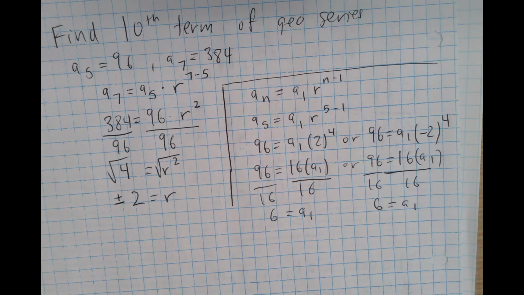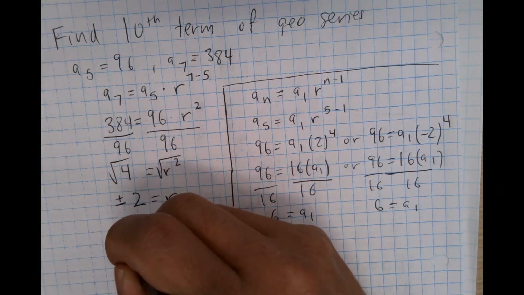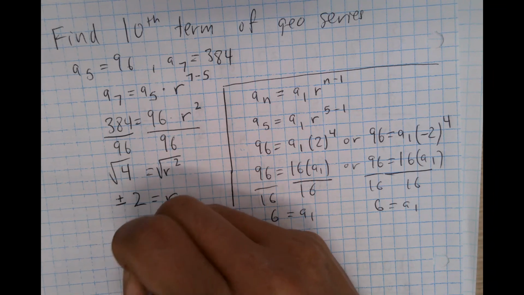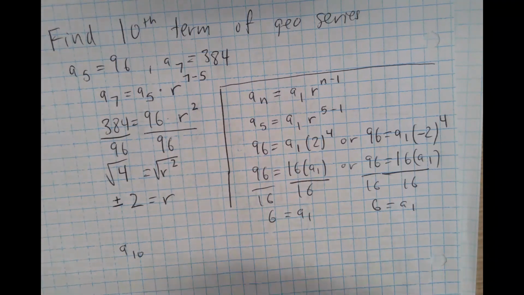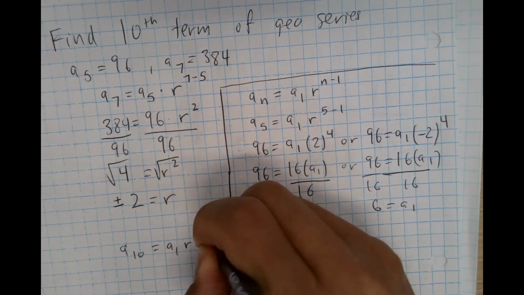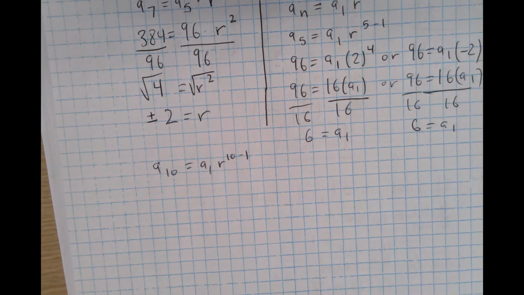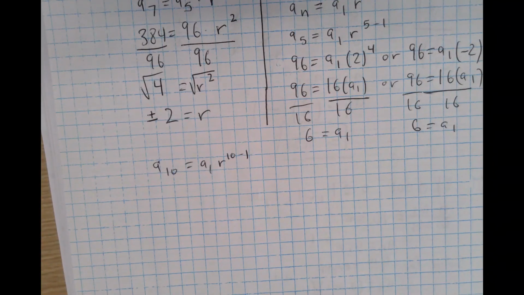So here, if we look at our equation now, we know that a10 is equal to a1 times r to the 10 minus 1, right? So we know that we have this equation right here. We do, however, have two different values of r.